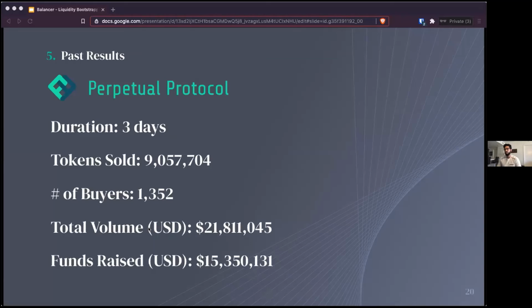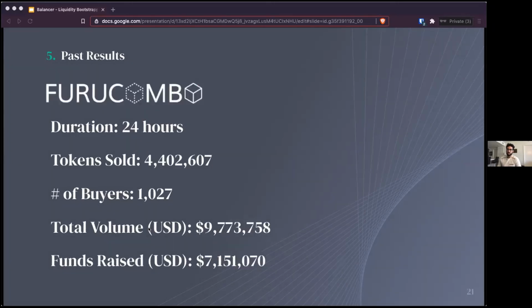The discrepancy between volume and funds raised is just a product of the fact that in an LBP, traders can buy or sell into that pool. It's not a one-way street, and that also helps price not skyrocket.